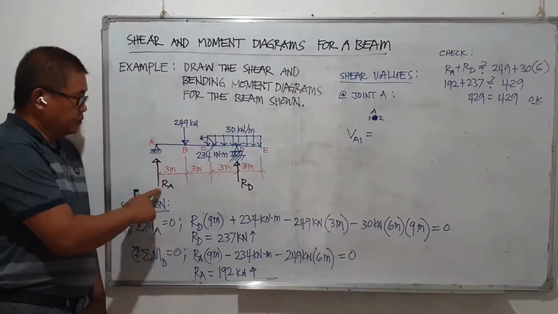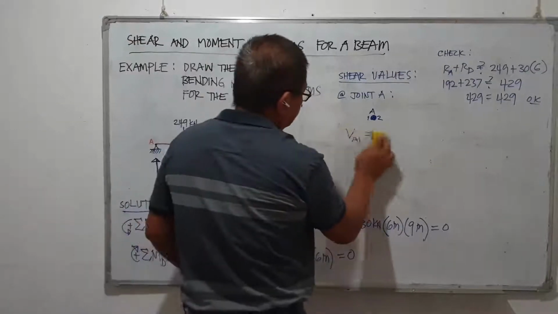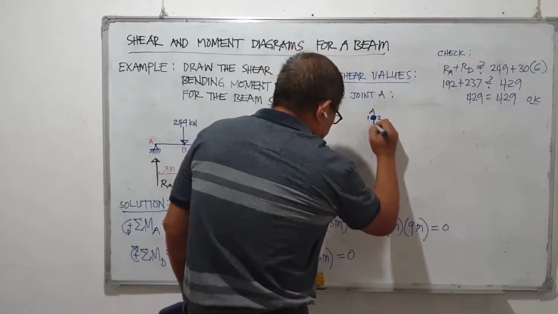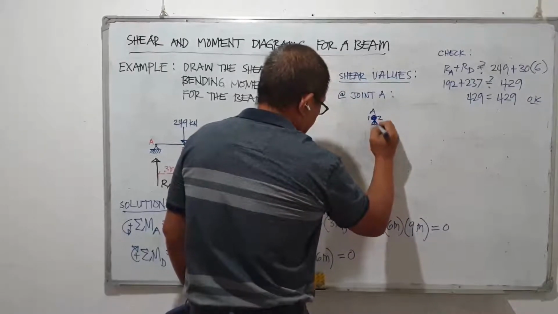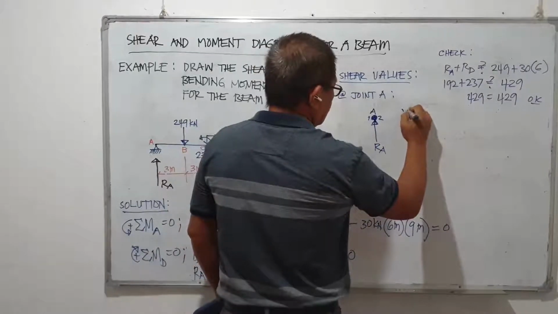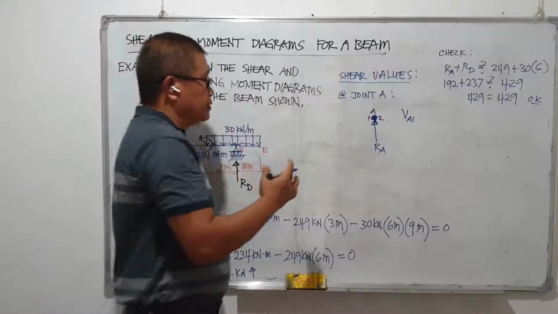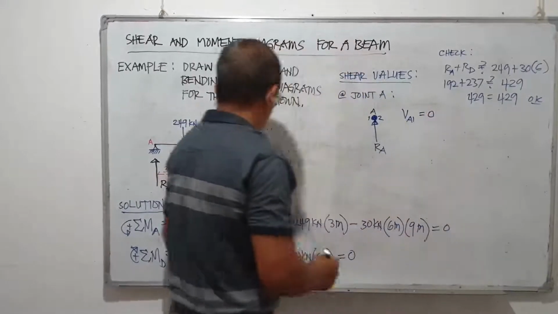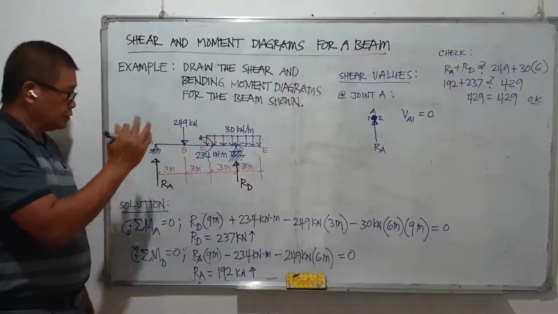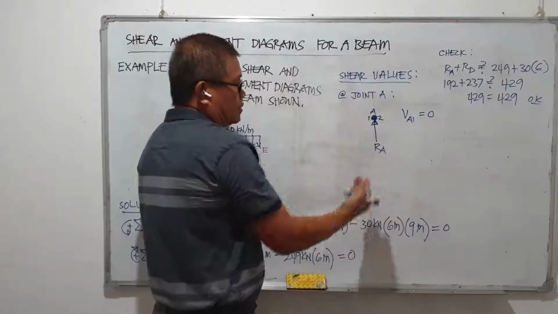If you consider that R sub A is acting at the center of point A, this is our R sub A. So, a little to the left of point A, we call that our shear V sub A1, and this is equal to 0 because there is no load applied a little to the left of point A. And then, with the application of R sub A, upward forces are positive.